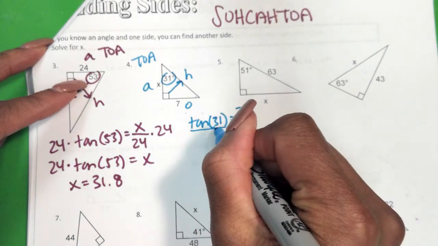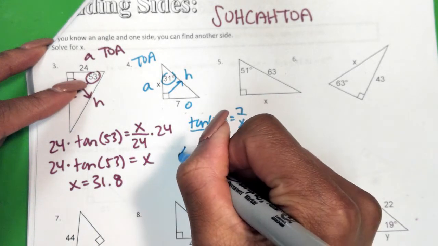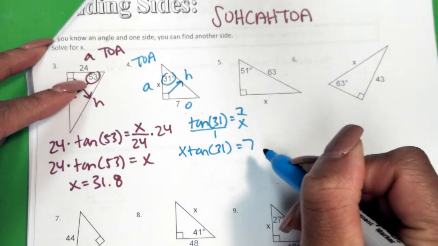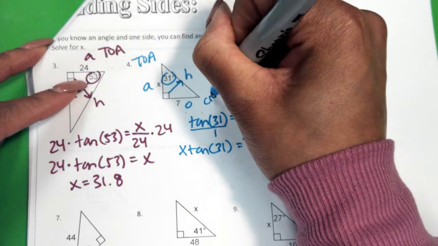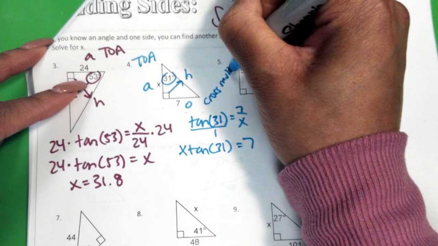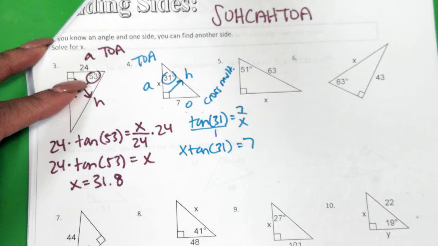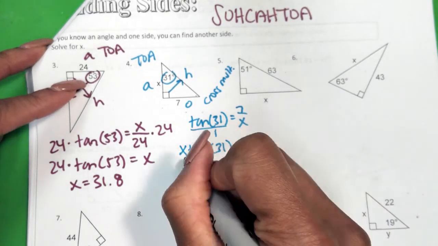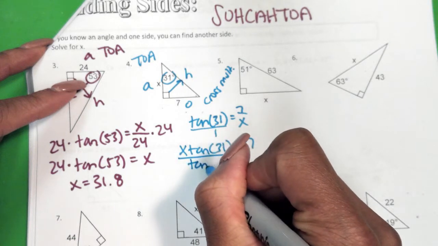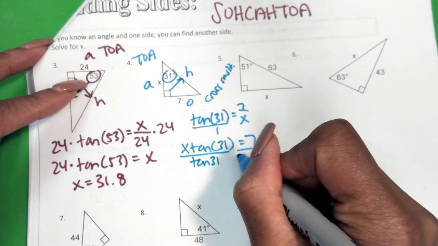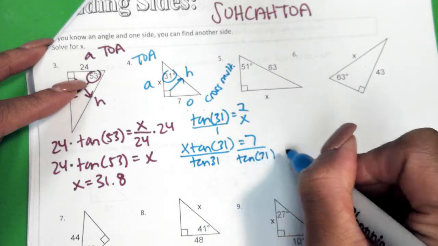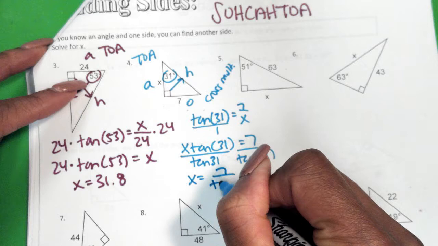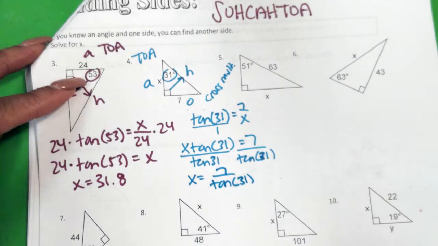Now I have x at the bottom, so I can cross multiply. So I have x tangent of 31 equal to 7. But I still need x by itself. So I'm going to divide by tan 31. And so now x equals 7 over tangent of 31.